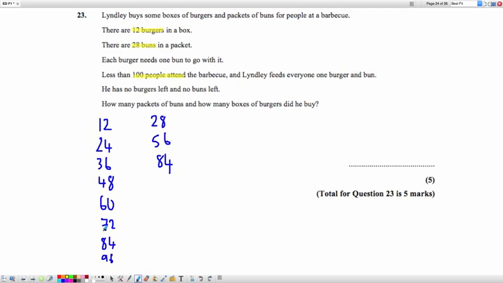And we notice that the number that appears in both of the columns is 84. Therefore, for the burgers, we can see here 1, 2, 3, 4, 5, 6, 7 burger boxes, and 1, 2, 3 bun packets.